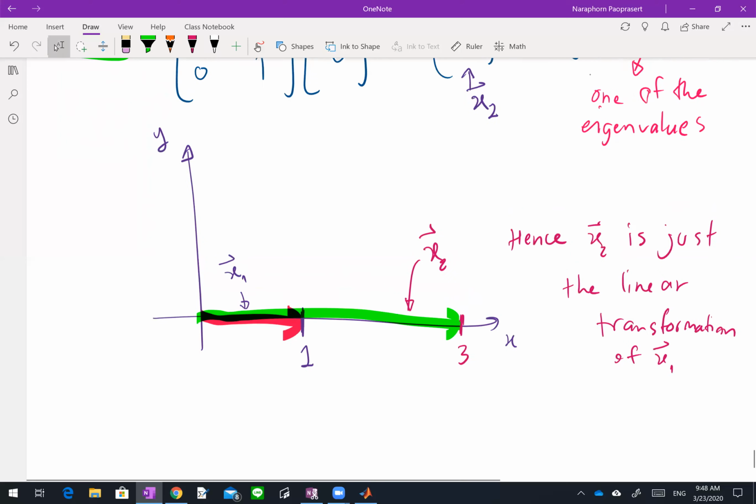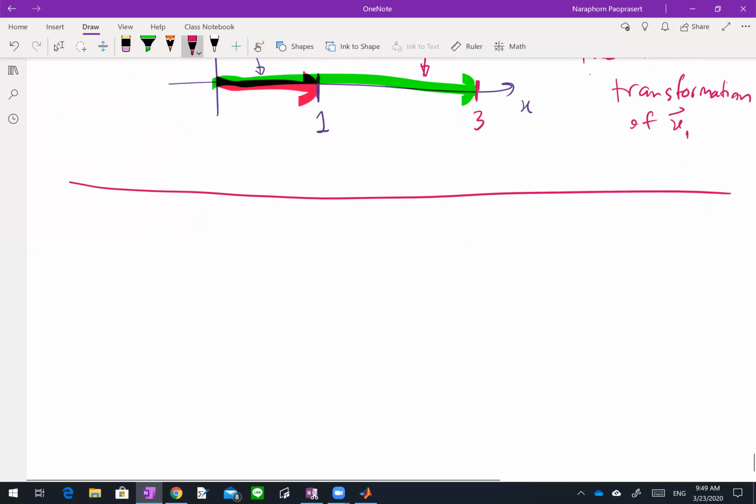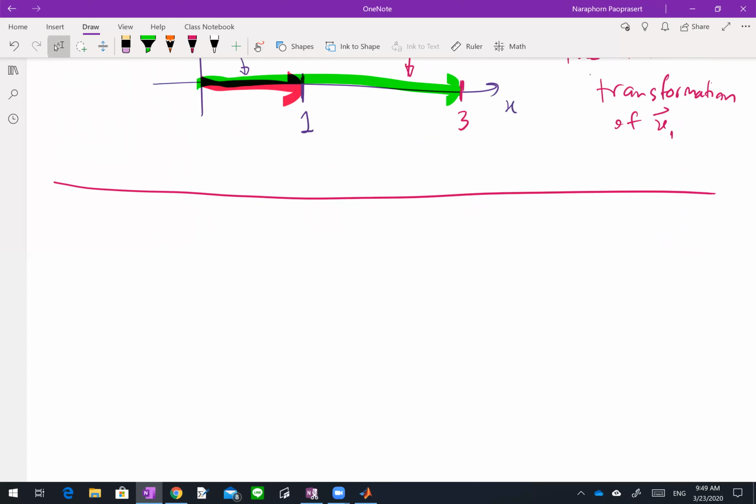Okay. So this is just something that I want to give you, the picture of how eigenvalues or eigenvectors would look like in a 2-dimensional space. But if you have a higher dimension, it's really difficult to draw a picture. But I think the idea is pretty much the same. Now, let's move on into the calculation of the eigenvalues and the eigenvectors.